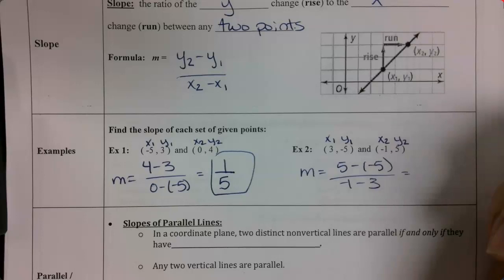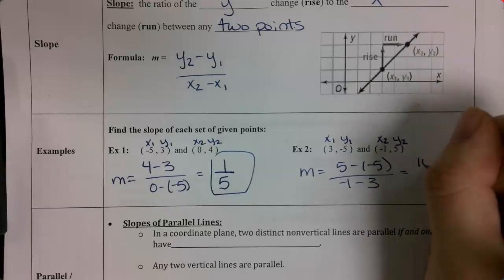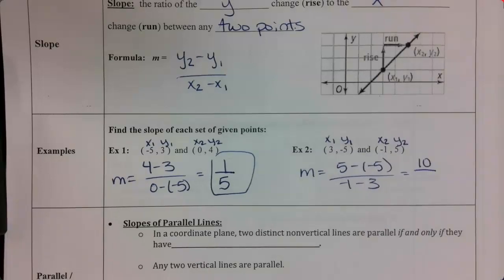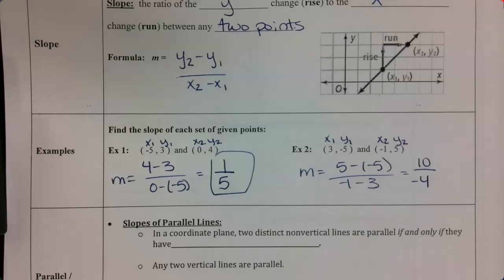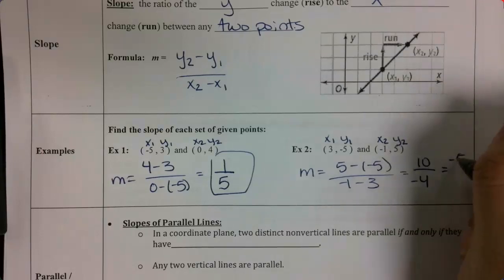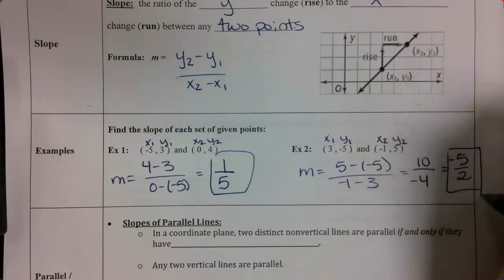Okay, so 5 minus negative 5 is the same thing as 5 plus 5, and negative 1 minus 3. Okay, so both of these numbers are even, so I can still divide them both by 2. That gives me negative 5 over 2. Typically we move our negatives to the top of a fraction.